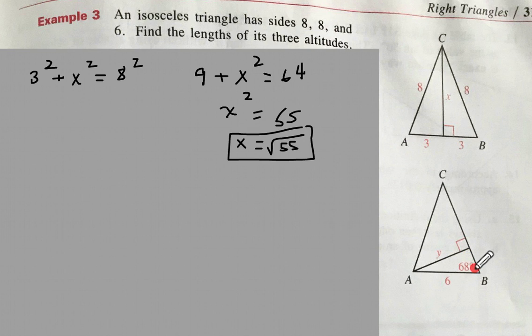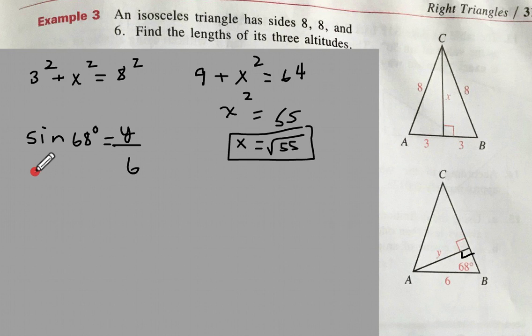Okay, so this triangle, we know this is a 45-degree angle right here. So we can use opposite over hypotenuse to get y. So we would say sine of 68 degrees equals the opposite, which is y, over the hypotenuse, which is 6.